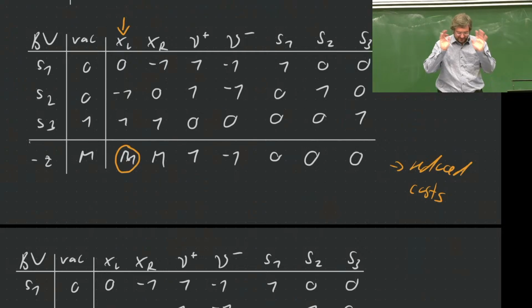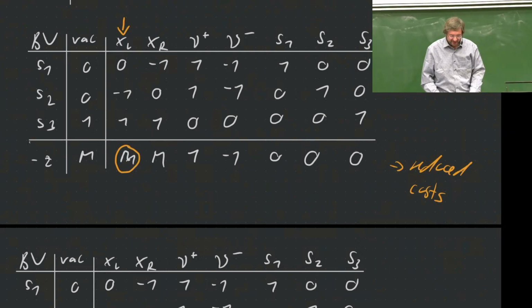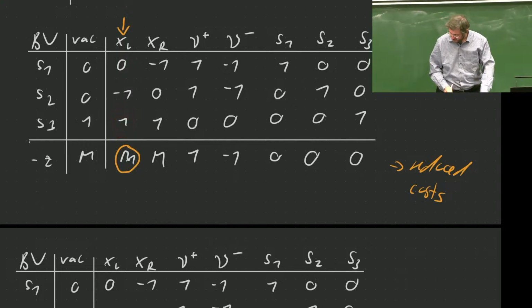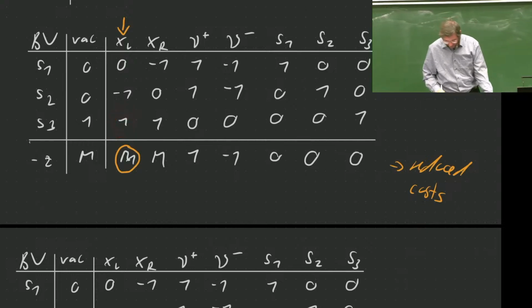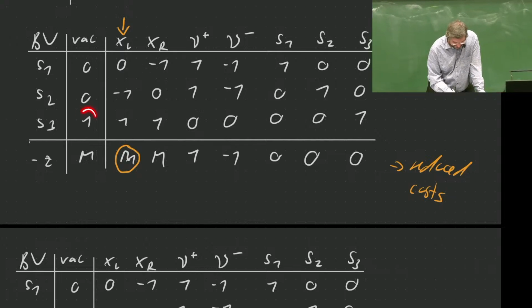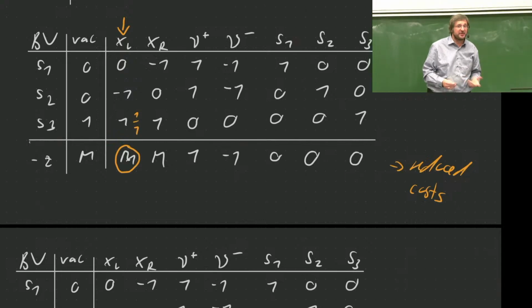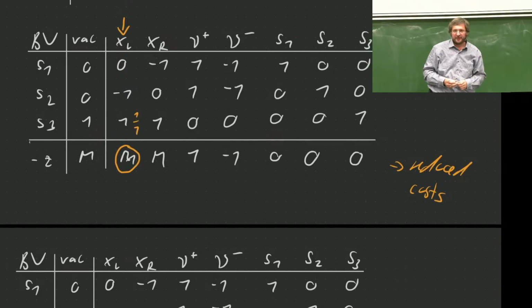And I'm not going to explain the rules behind all of this, but what the procedure does is it identifies the positive entries, and there's only one positive entry here in this column. And then we'd compute the ratio of this value to that. So in this case, we don't have to do that because there's only one possible choice. The ratio here would be 1/1.